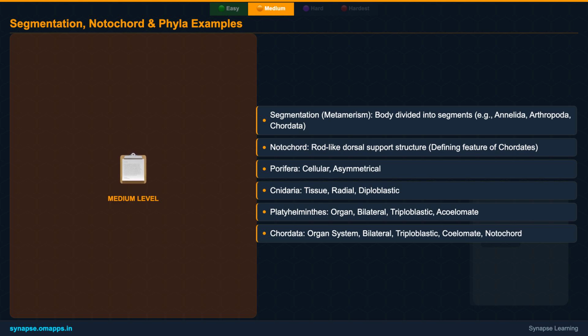The notochord is a rod-like, supportive structure derived from the mesoderm, present at some stage in all chordates. In vertebrates, this flexible rod is typically replaced by the vertebral column, our backbone. These features further refine our understanding of animal diversity and evolutionary relationships across different phyla.